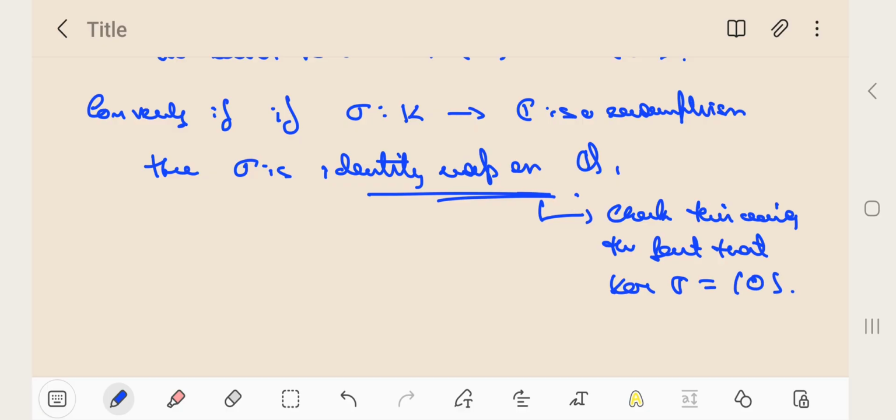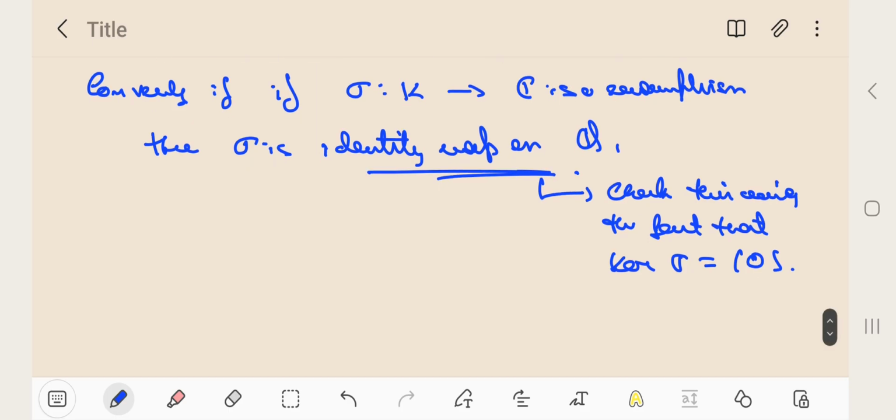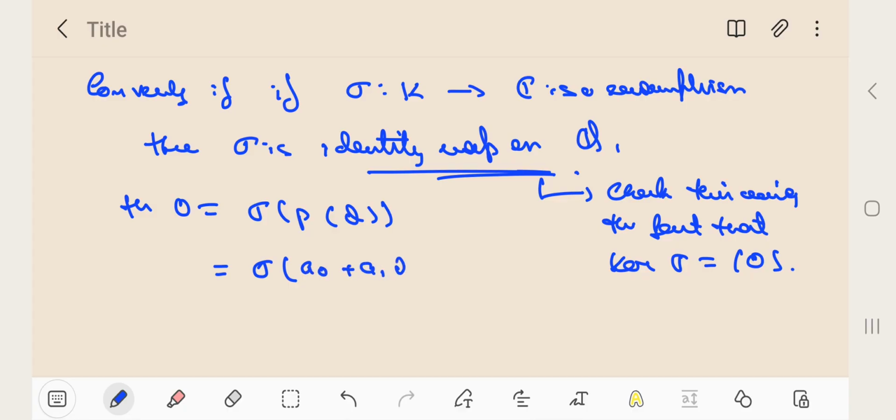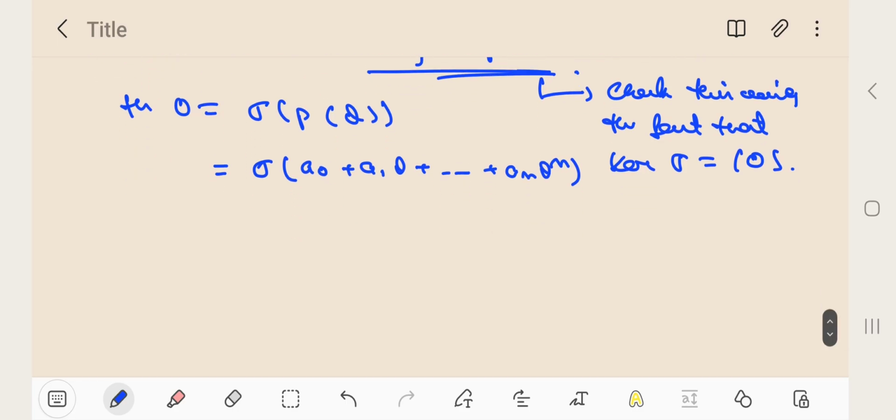Okay. Now if sigma is the identity map on Q, then 0, which you can write as sigma of p of theta, because p of theta is 0, p being the minimal polynomial of theta. Since this is the identity map on Q, I can extend this and write p as a0 plus a1 theta, and so on till an theta to the power n.